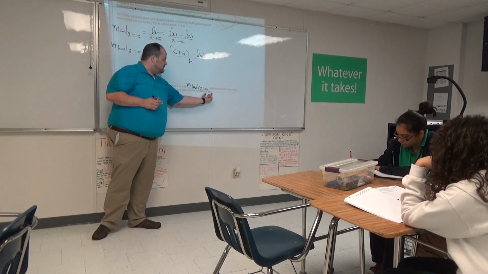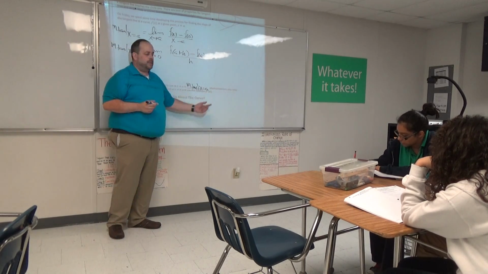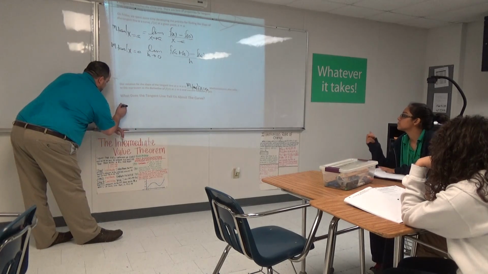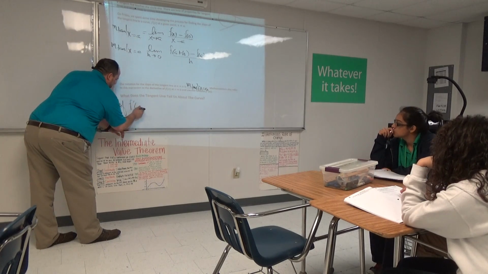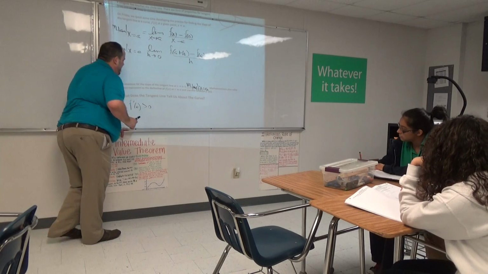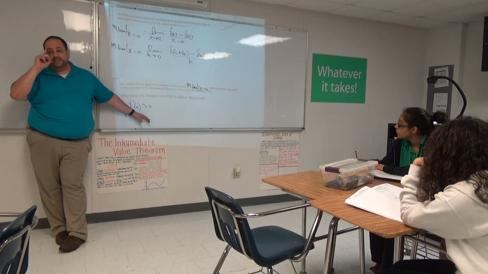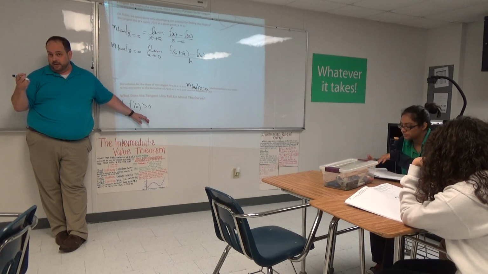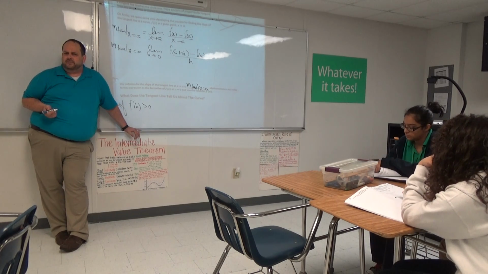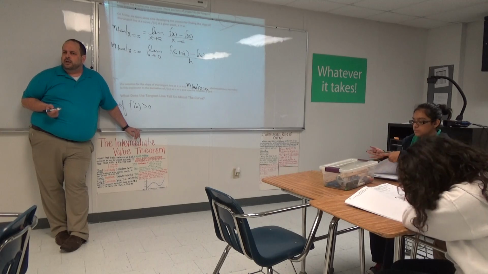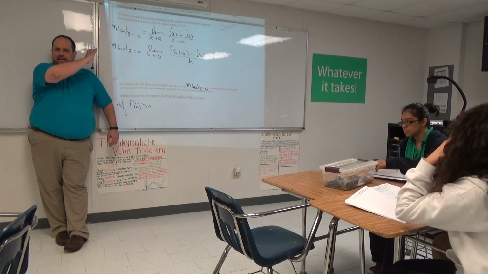All right, and we're going to use f with the little prime on it. Now, a couple of things here. If f prime of a is positive, that means the slope of your tangent line is positive. Can you guys show me a tangent line with positive slope? What would that look like? A tangent line with positive slope looks something like this, right?